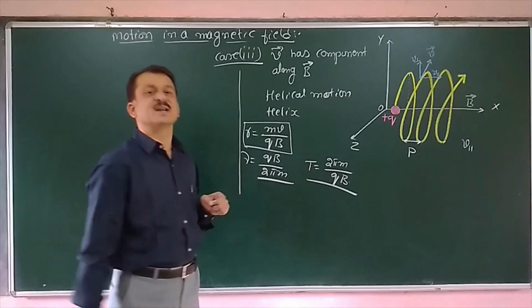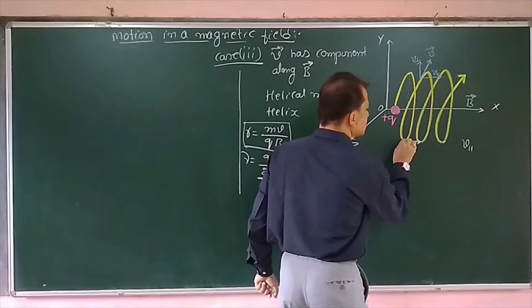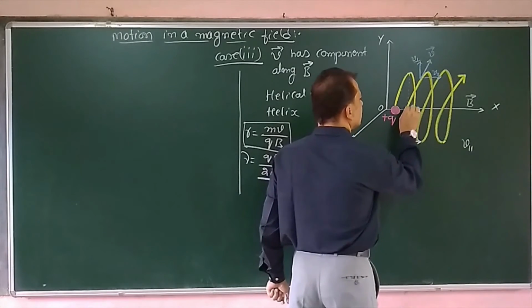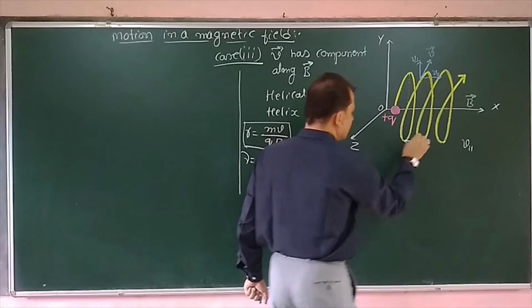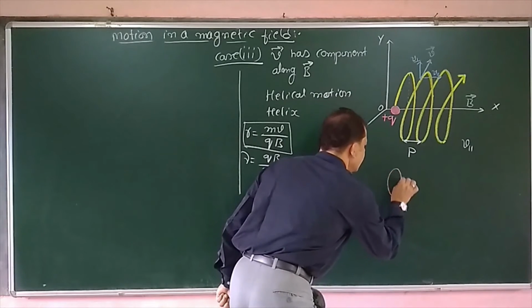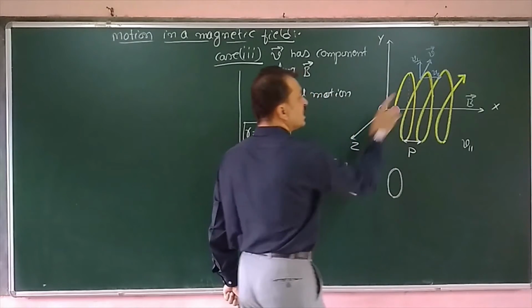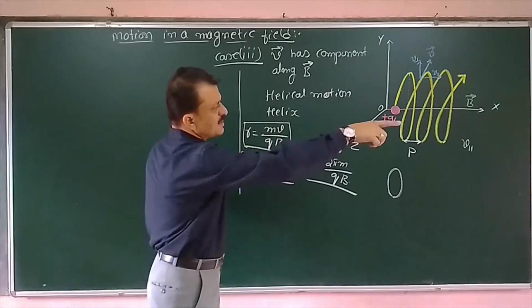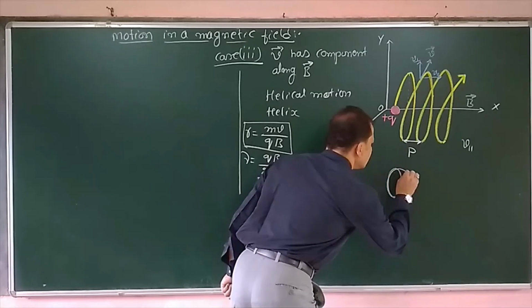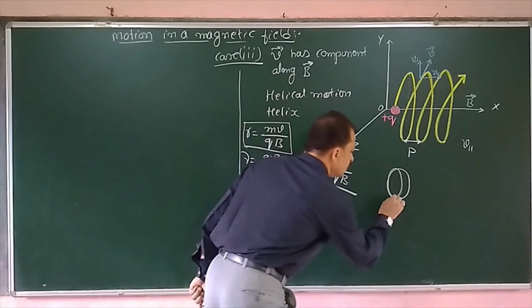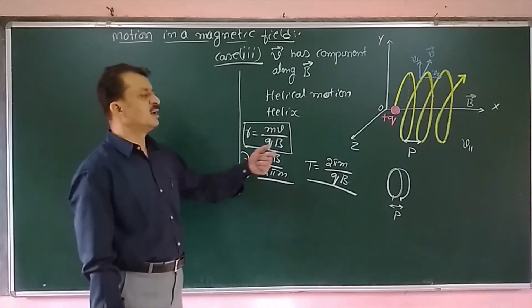Look here, this particle starts from here and moves like this, and by the time it comes from here to here, one circular motion is completed. In pure circular motion it would just come back around, but here it is the combination of circular motion as well as translatory motion. So this distance we call pitch in helical motion.